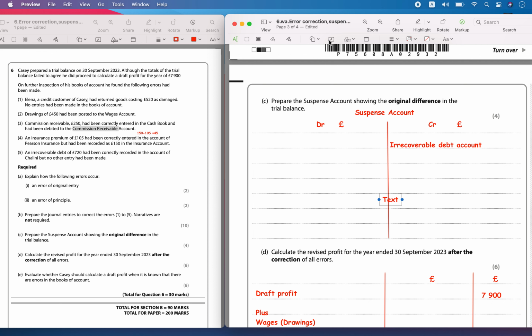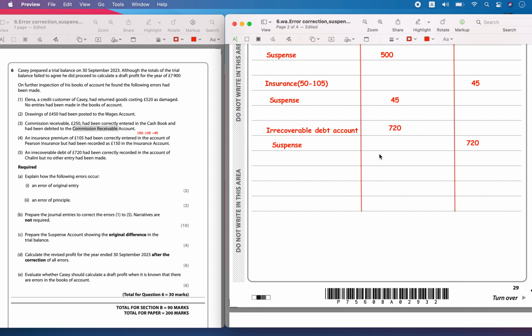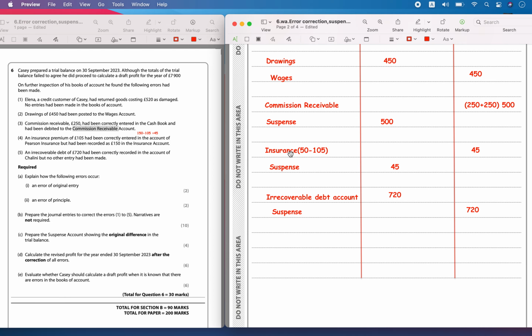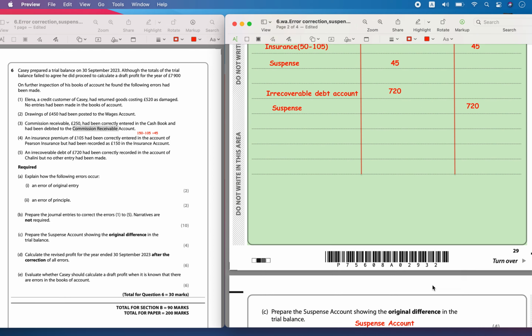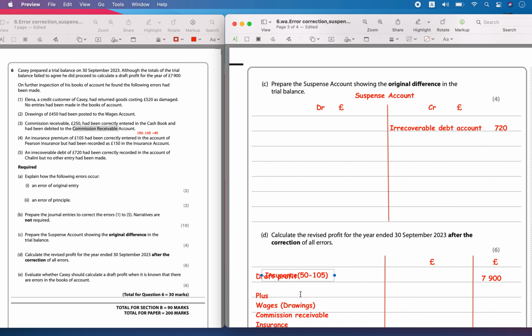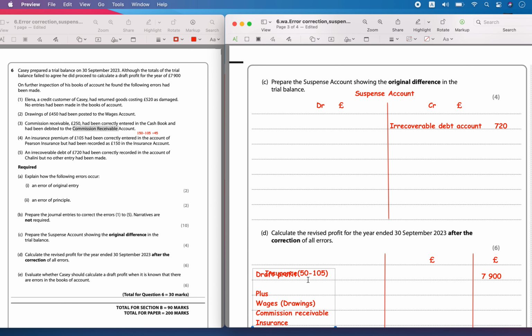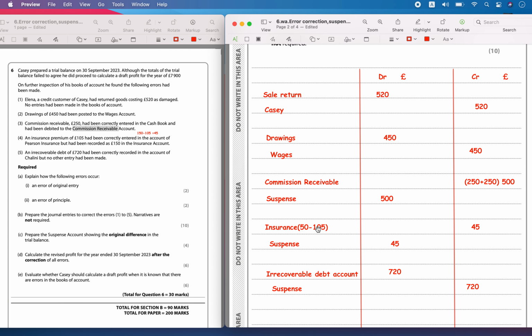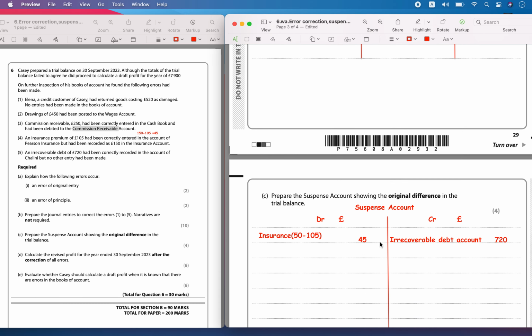On the debit side we have the insurance, which is 45. And then you have the commission receivable, which is on the debit side, 500.